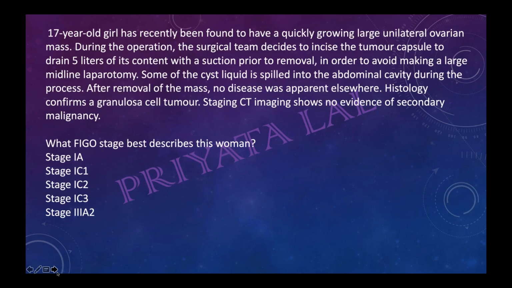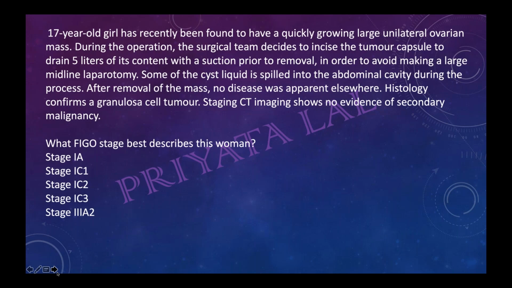Okay, 17 years old girl recently seen with a quickly growing unilateral mass. During surgery, the team decided to incise the tumor capsule and suction 5 liters of content prior to removal, in order to avoid midline laparotomy. Some cyst contents spilled inside the cavity.